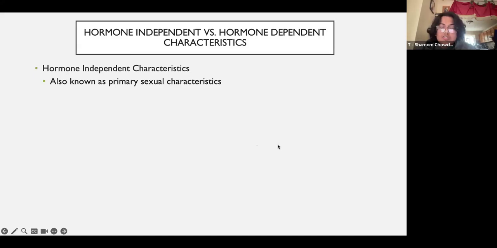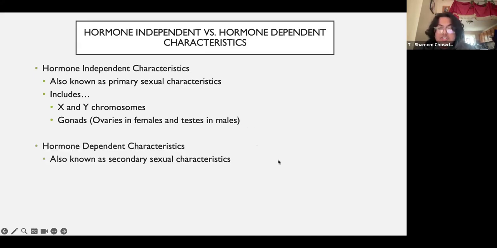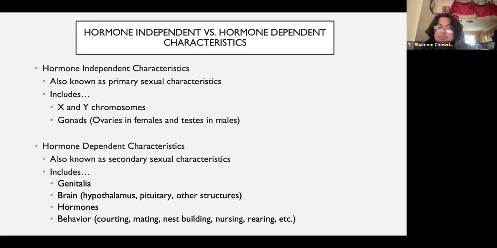Hormone independent characteristics are your primary sexual characteristics, such as your X and Y chromosomes, your gonads, ovaries in females, testes in males, while your hormone dependent characteristics are known as your secondary sexual characteristics, and they include your genitalia, your brain, the hypothalamus, pituitary gland, other structures, and also different hormones as well. And the behavior you do, either just for humans or other animals, etc. Courting, mating, nest building, nursing, etc.